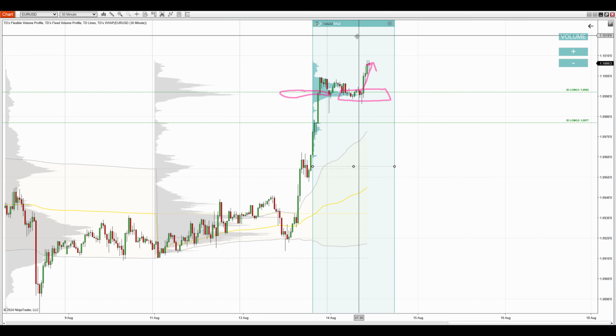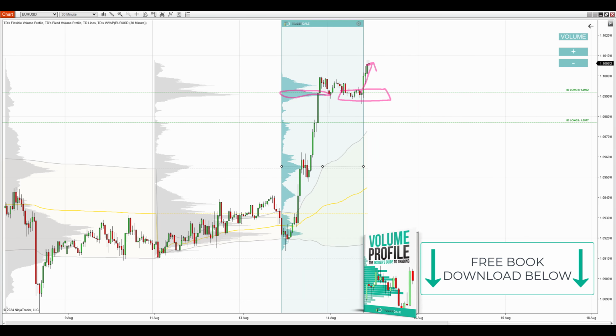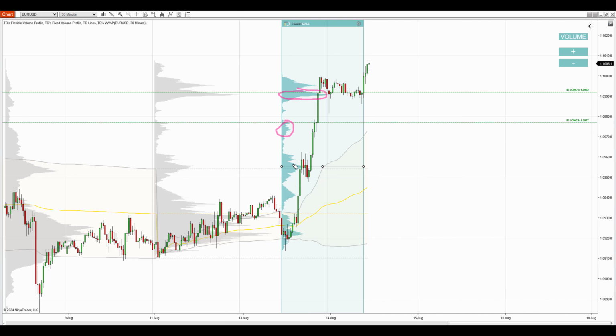Let me move the volume profile back. So what this volume cluster, and also the other volume clusters that I have here, represent are buyers who are pushing the price upwards and who are adding to their long positions at those places where those heavy volumes are.